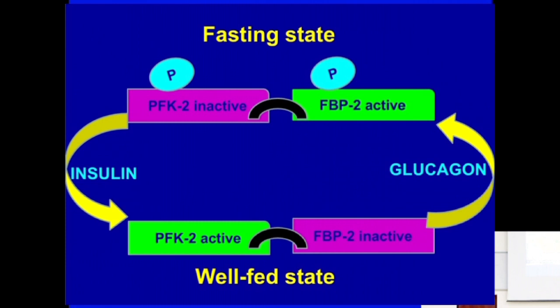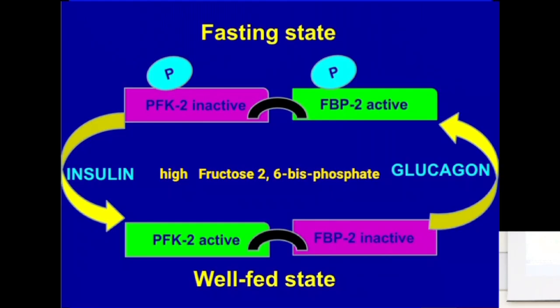Sometimes the abbreviations and the nomenclature aren't always consistent in all textbooks. So I'm just going to say we want to focus on this molecule, fructose 2,6-bisphosphate, because it activates the important glycolytic enzyme PFK1, how it's made and how it is removed.